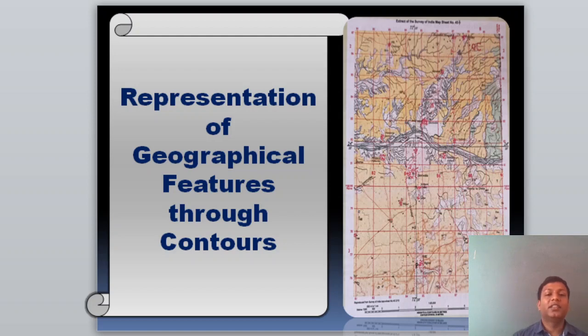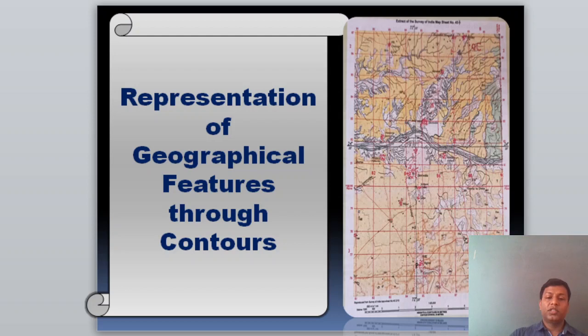I know that the terminology of contours is quite new for you, but you have a slight idea of topographical maps, topo sheets. In the last class, you must have read these things. So, contour lines.